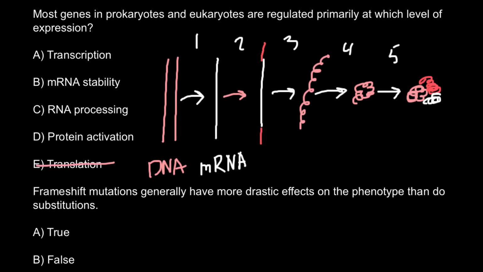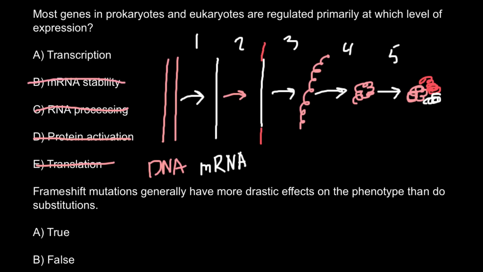We can cross out protein activation. It can be step 4 or 5. These would be the last steps, so we can cross them out. RNA processing is step 2 and 3. Messenger RNA stability is also step 2.